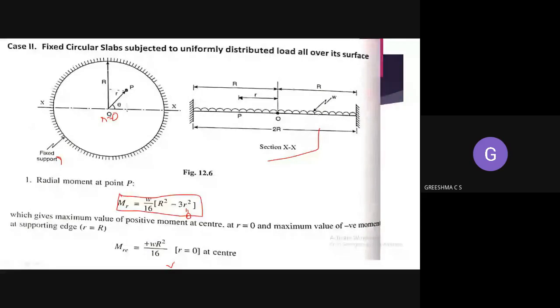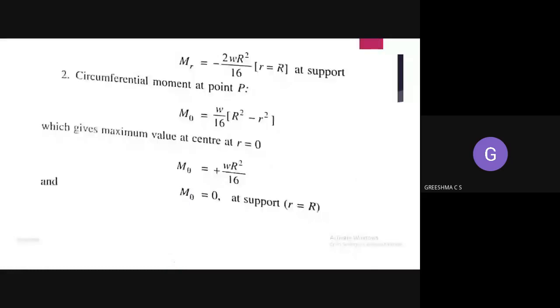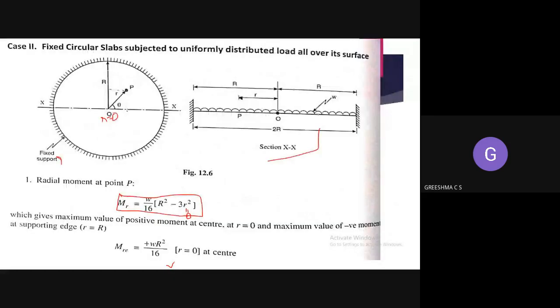Here you have negative and positive moments, that is, sagging and hogging moments. In the simply supported case, you do not have moment at the supports; the moment is 0.